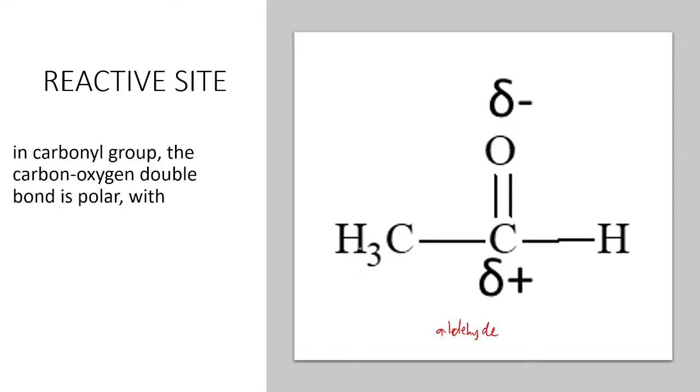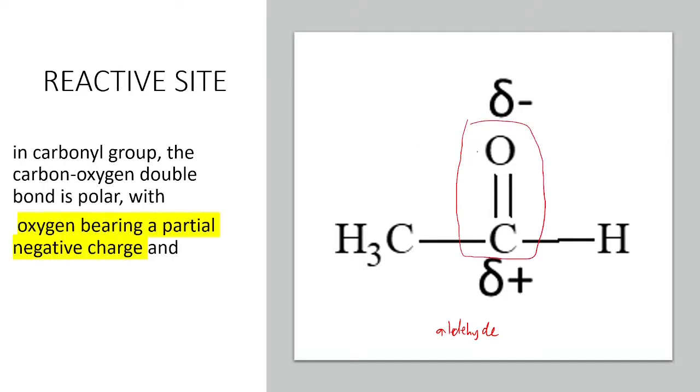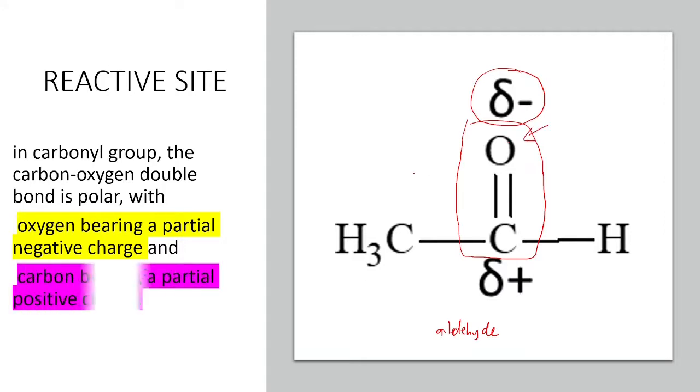In the carbonyl group, the carbon-oxygen double bond is polar, with oxygen bearing a partial negative, shown by the delta negative label there. The carbon, shown by delta positive, is bearing a partial positive charge.